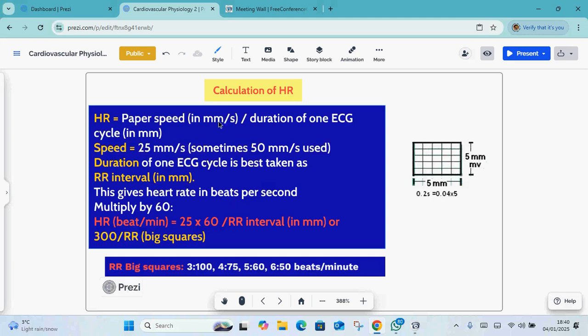So to make your life easy, you don't have to understand this, though it's better to understand it. The formula for calculating the heart rate from the ECG is 25 times 60 divided by RR. Is that clear?